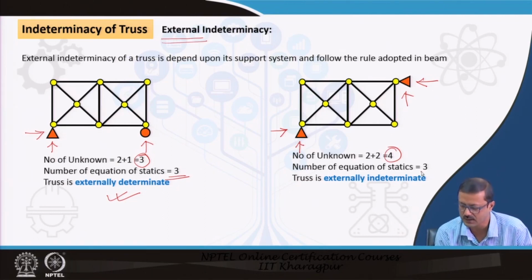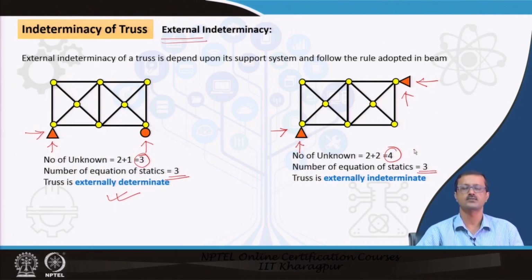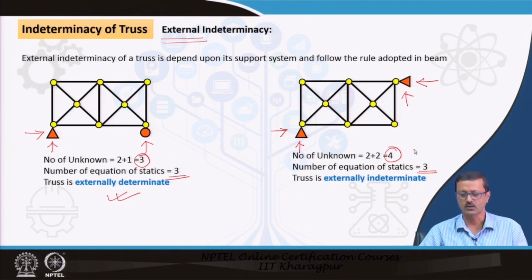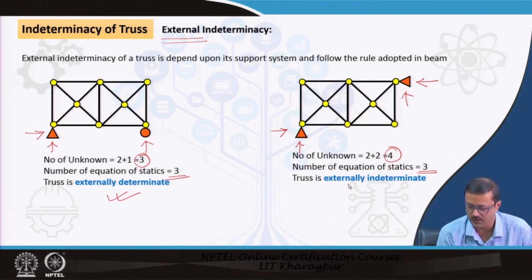But I have only 3 equations available, so I cannot solve this, because 4 unknowns cannot be solved by 3 equations. Compatibility equations are required, and that cannot be handled so easily. So it is not a determinate structure, it is an indeterminate structure of degree 1. Why degree 1? Because the unknowns minus the equations is the degree of indeterminacy.